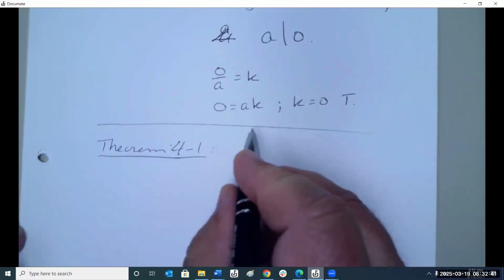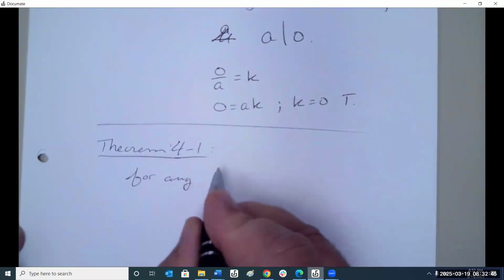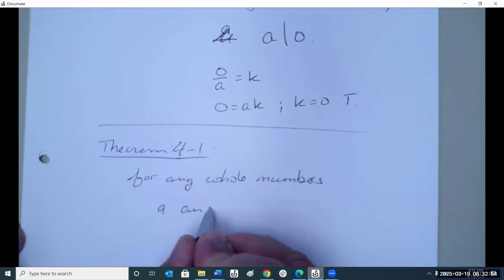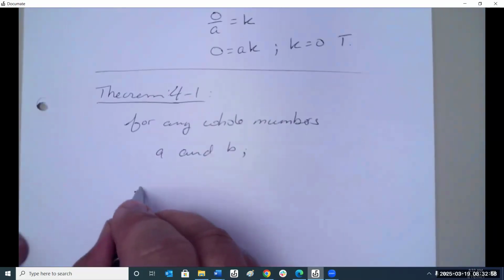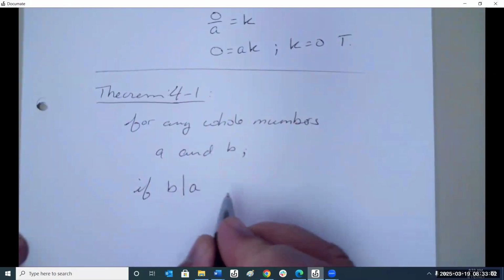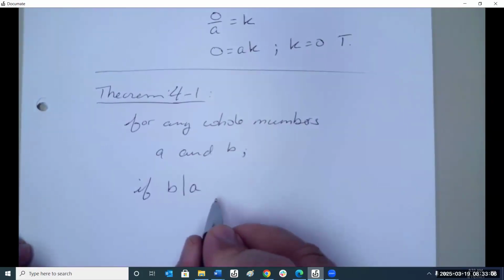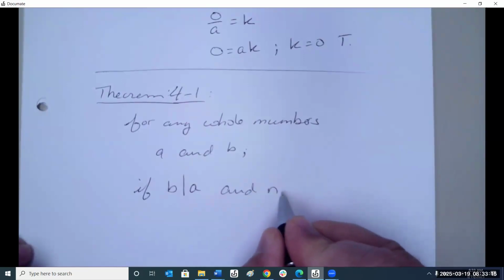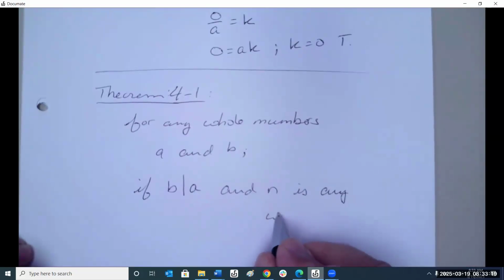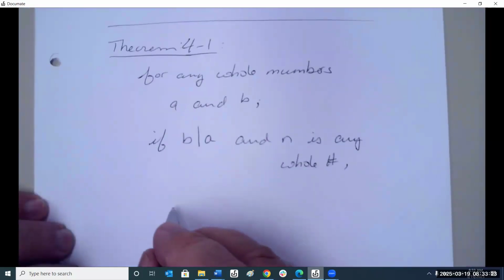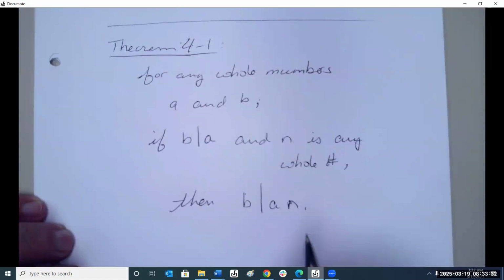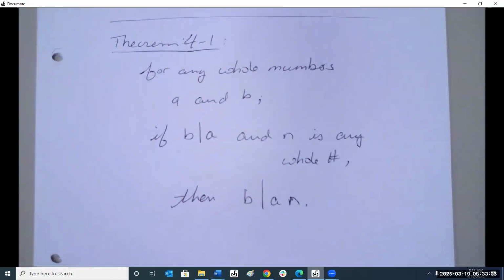Theorem 4-1. For any whole numbers A and B, if B divides A, and N is any whole number, then B divides A times N. This is pretty much what we just talked about.